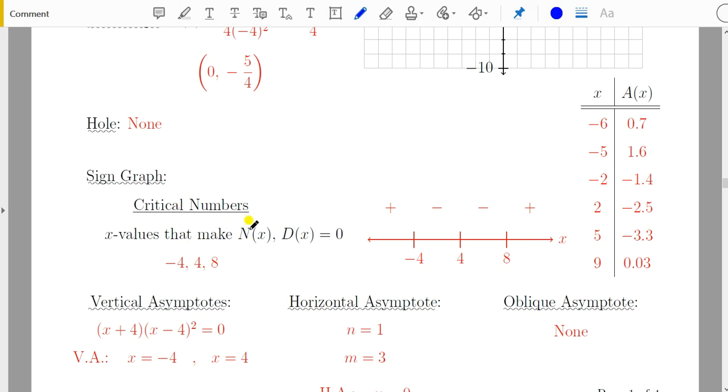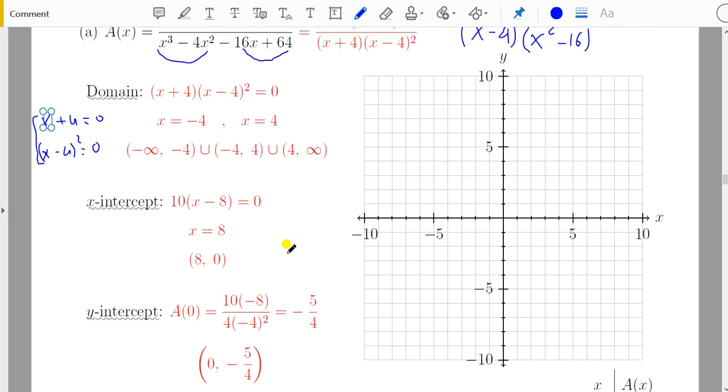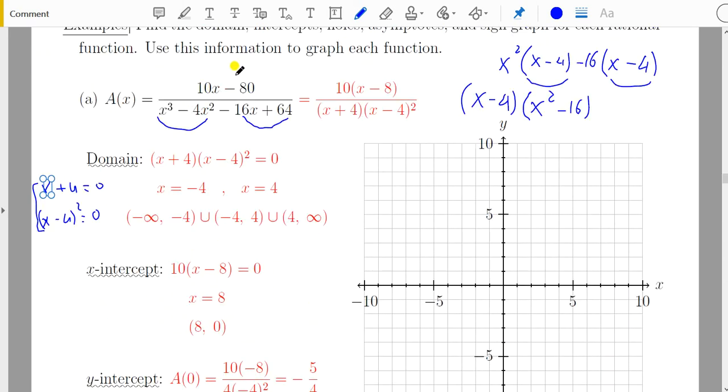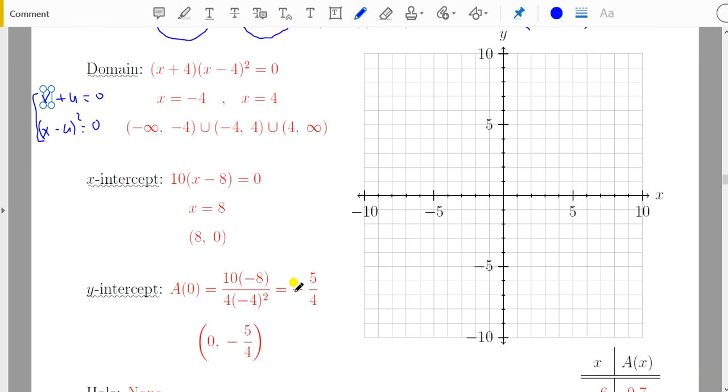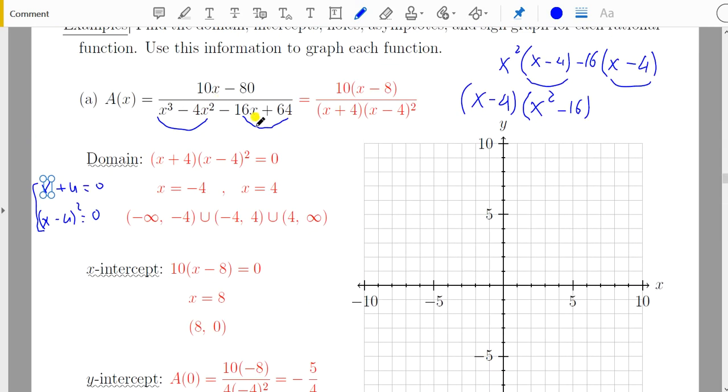The critical numbers are the numbers that make the numerator, 10x minus 80, be 0, or the denominator, d of x, be 0. So we are solving for the case when the numerator is 0 or the denominator becomes 0, and those values that make the top and the bottom 0 are the critical numbers.